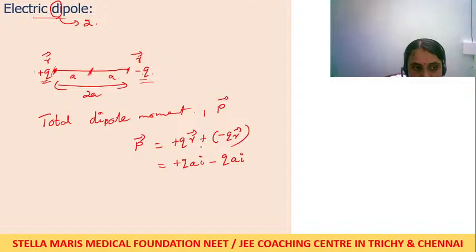I have taken this minus outside, and this minus represents the negative Q. We consider this a i from here to here and here to here, both in opposite directions, correct? So this will have minus a i. We have considered this line along the x-axis alone, so the coordinate for the x-axis is i.